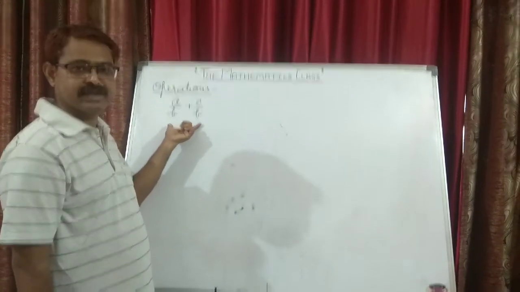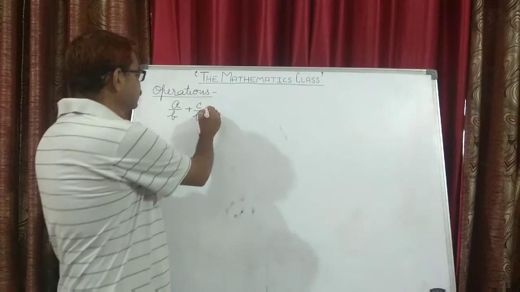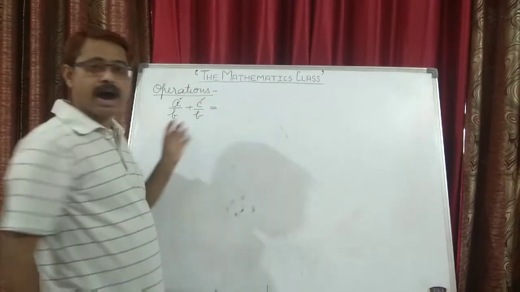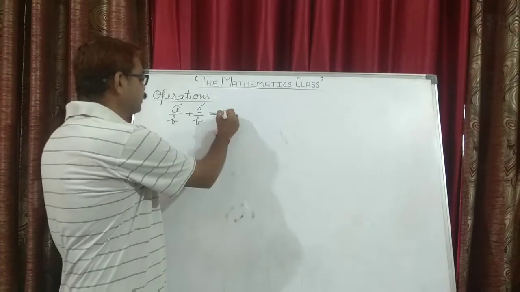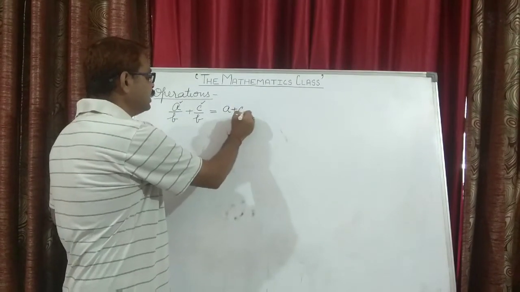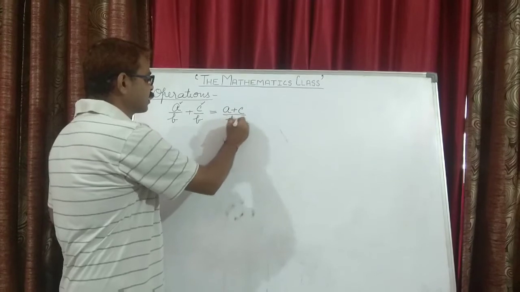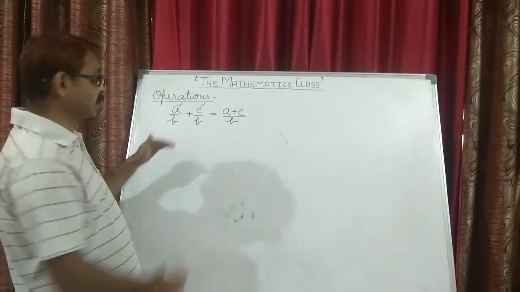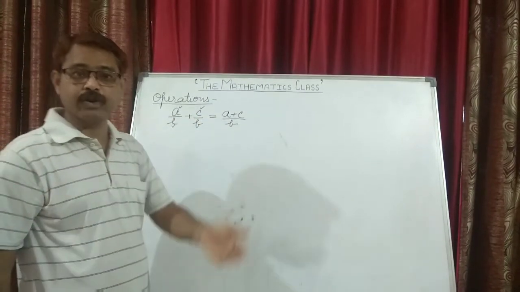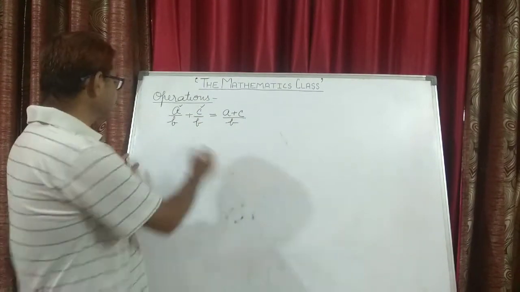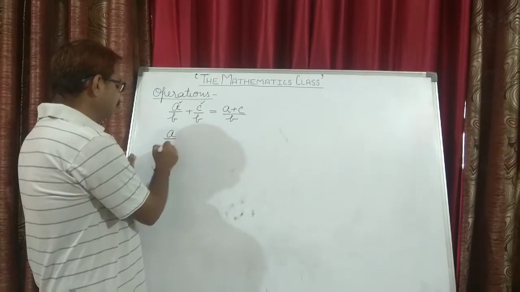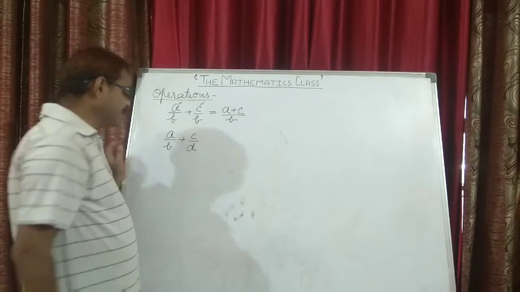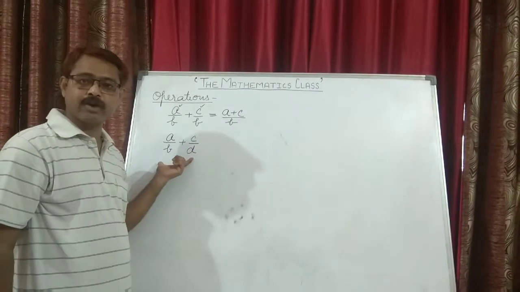If the denominators are the same, then what happens? Simply the numerators are added. It will become a plus c, and the denominator is written as the common b. But if the two rational numbers have different denominators, suppose I say a upon b plus c upon d, then you can see that the denominators are not equal.